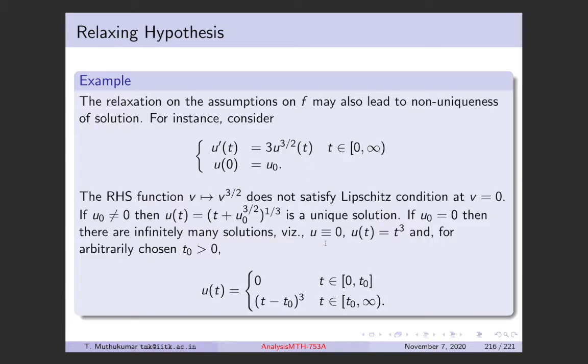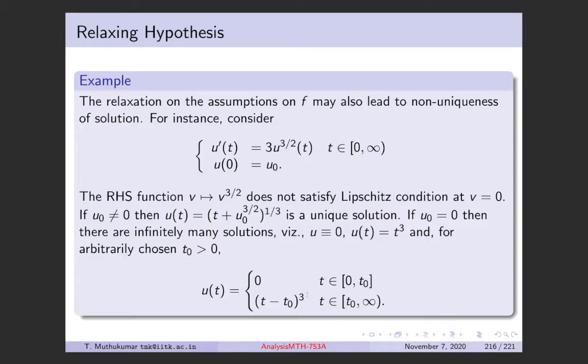For instance, trivially, u equal to 0 is one solution, u equal to t cube is another solution, and in fact for arbitrarily chosen t naught, if you define this kind of step function, not step function but piecewise continuous function, then this is a solution to this IVP, and so on.